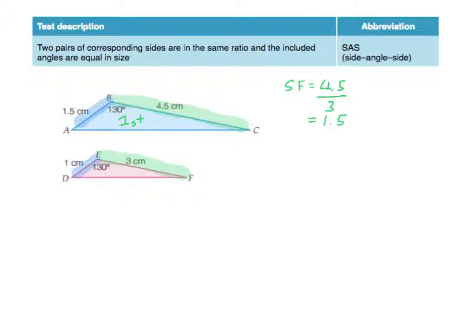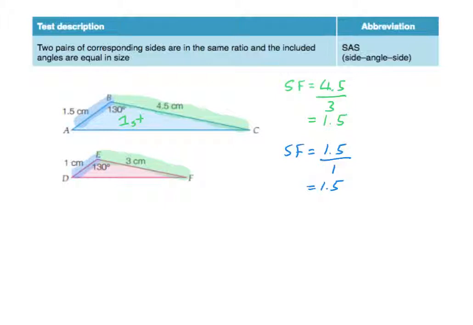And then doing the same calculation for my second set of corresponding sides, scale factor is going to equal 1.5, using my first object again for my numerator, divided by 1, which is equal to 1.5. So I've got two sets of corresponding sides that have the same scale factor.